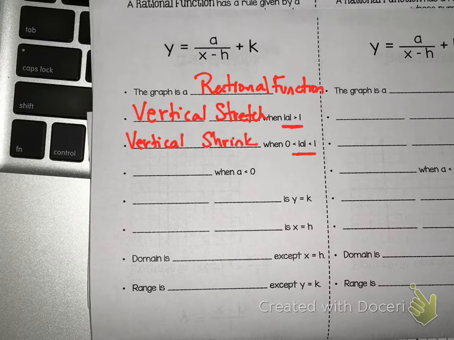And when a is less than 0, which means that your a is negative, then that tells us that we have a reflection.